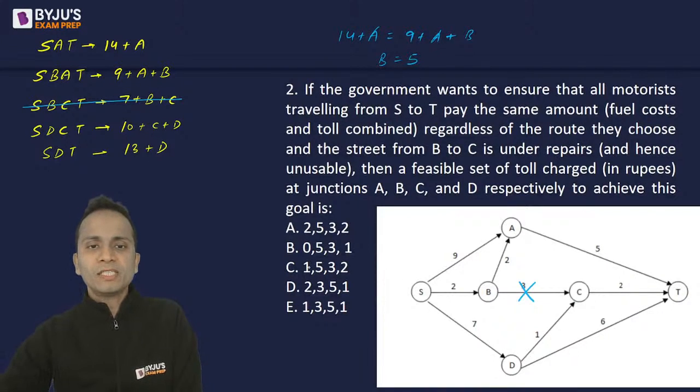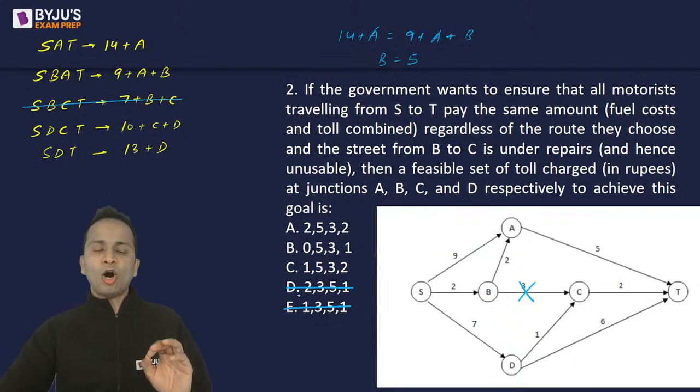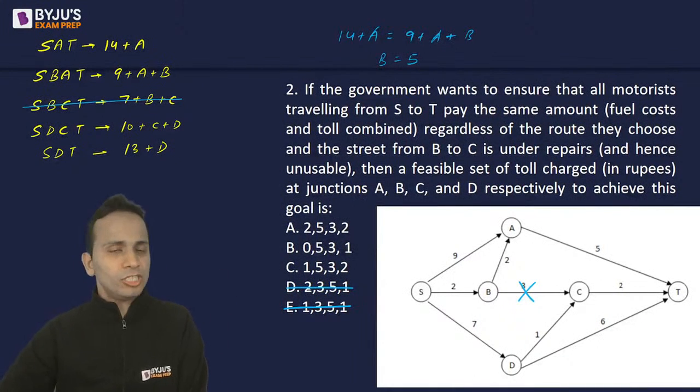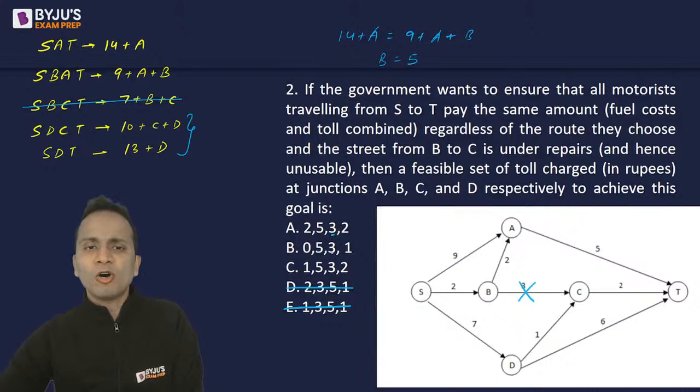On the basis of this, I can eliminate options B and E. Two options are eliminated. Now let's equate the last two routes. 10 plus C plus D is equal to 13 plus D. From here I'll get the value of C. Value of C is already equal in the three remaining options.